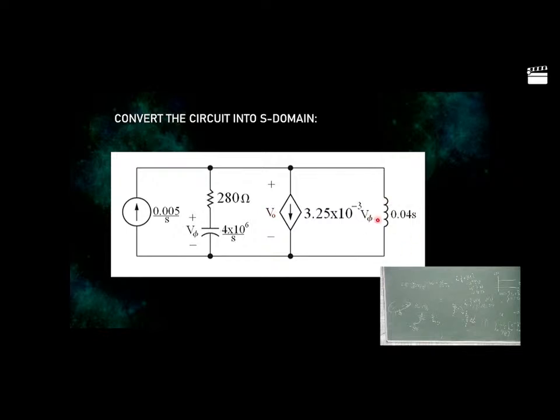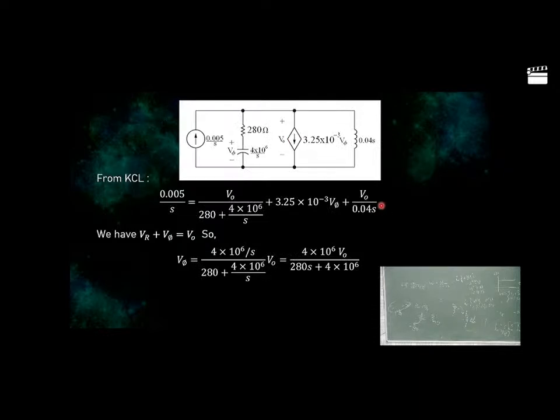Next slide. So you can see from here, this is the current, right, from this branch. So it is getting divided into this path, this path and this path. On this path it is V0 potential by this whole impedance, 280 plus this thing.